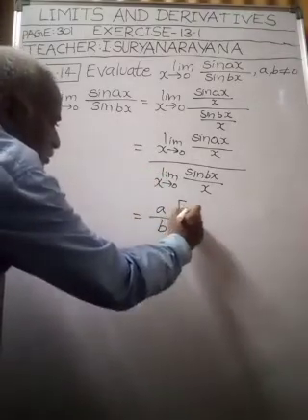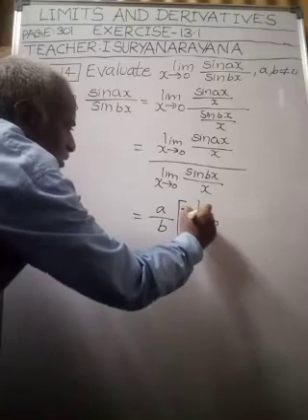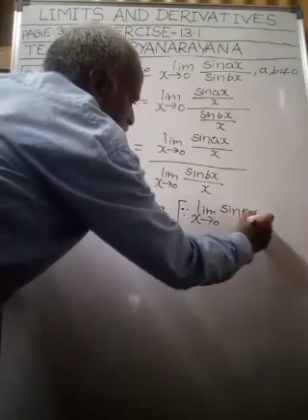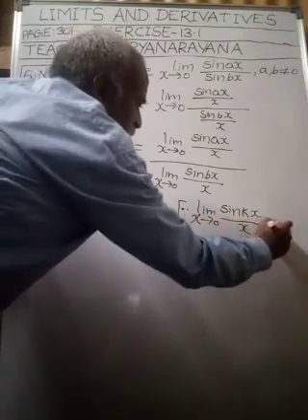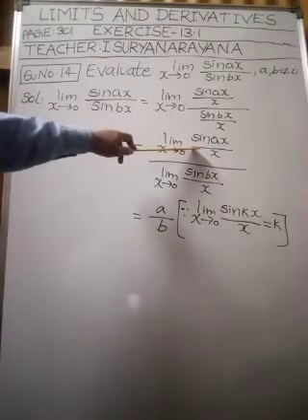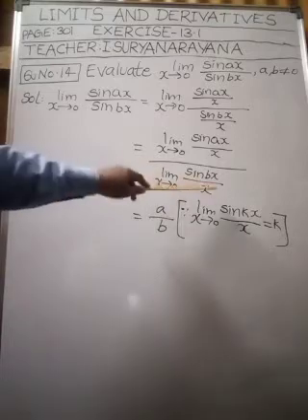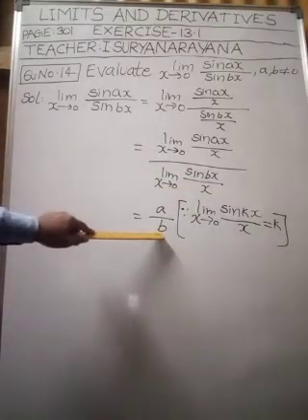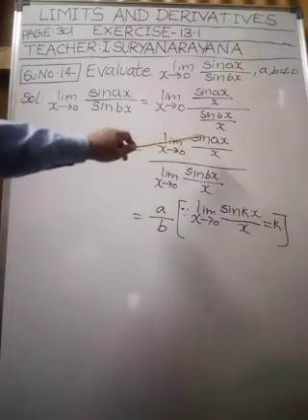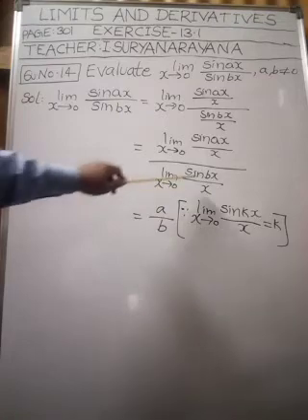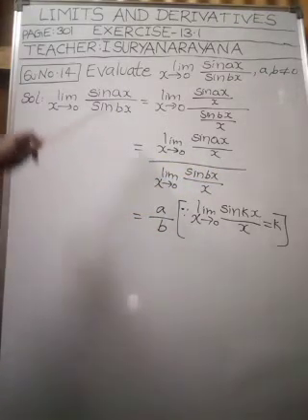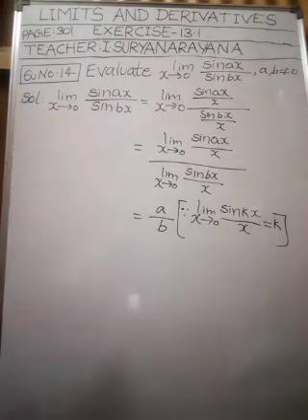Because as x tends to 0, limit sin kx by x is k, by using this standard limit we found the numerator value a as well as the denominator, the limit of this denominator is also b. In the numerator the limit is a, whereas the limit of the denominator is b. So a by b is the limit of the given function as x tends to 0.